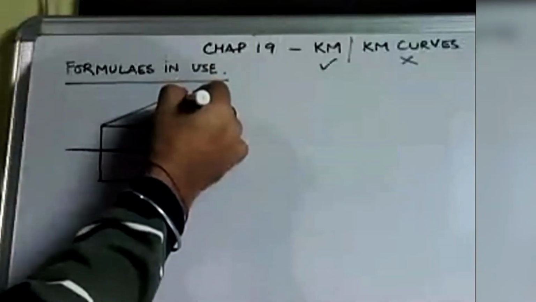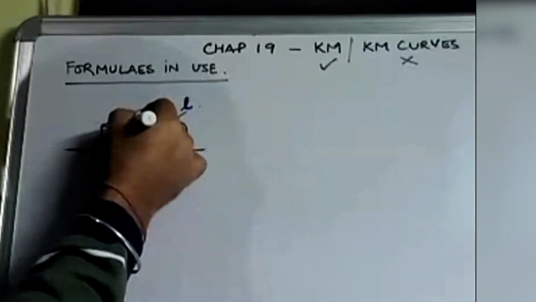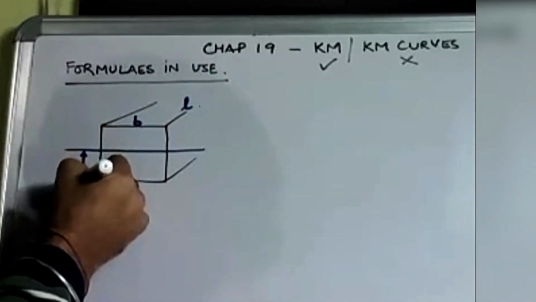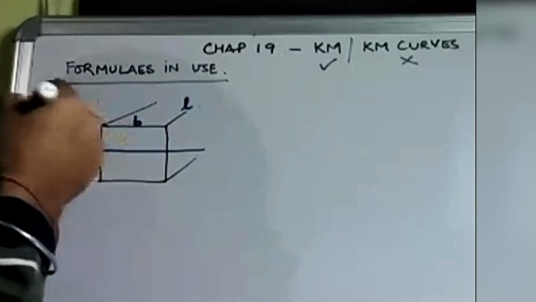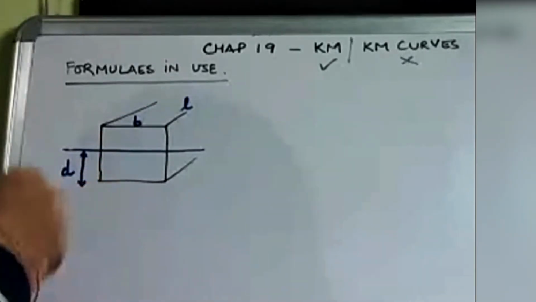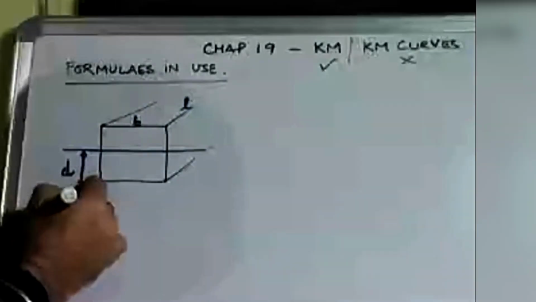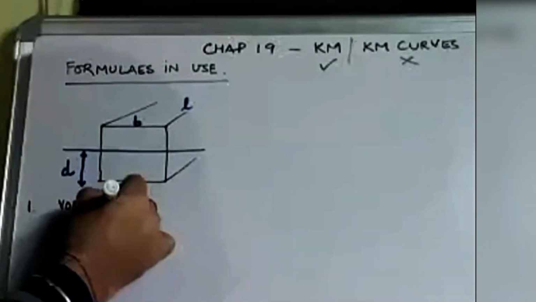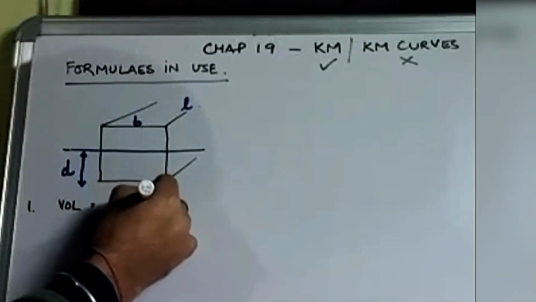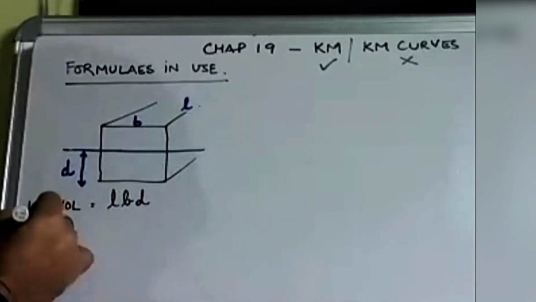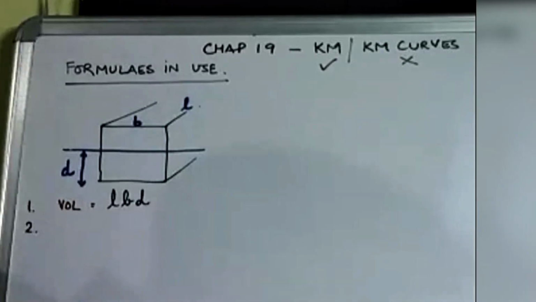So the log is of length L and breadth B, and it is floating in water of draft D. So therefore, the underwater volume will be L into B into D. Okay.